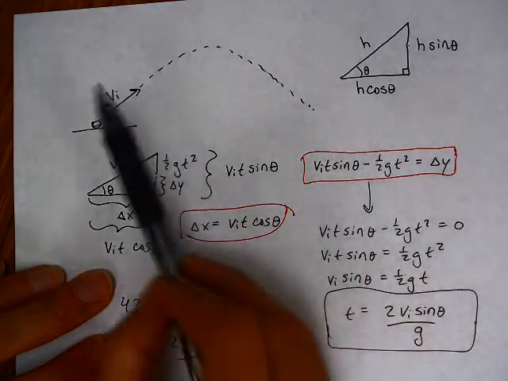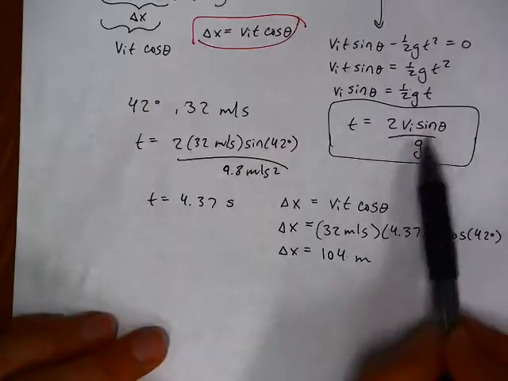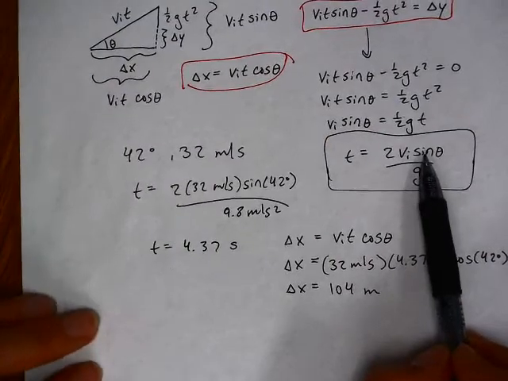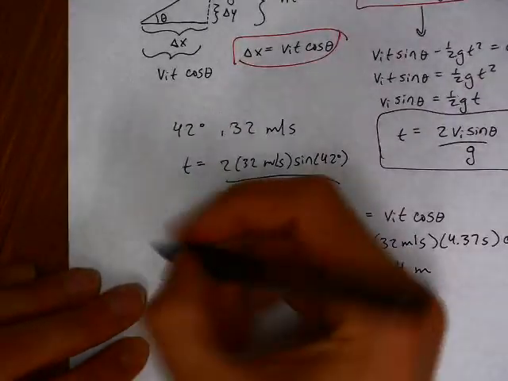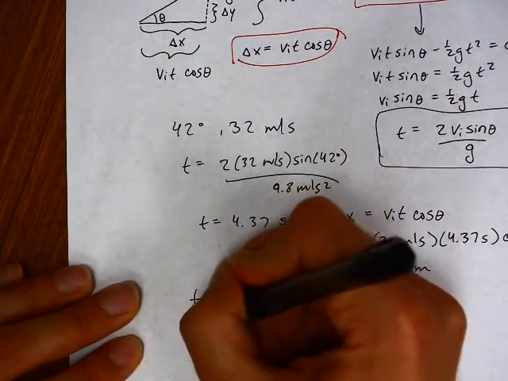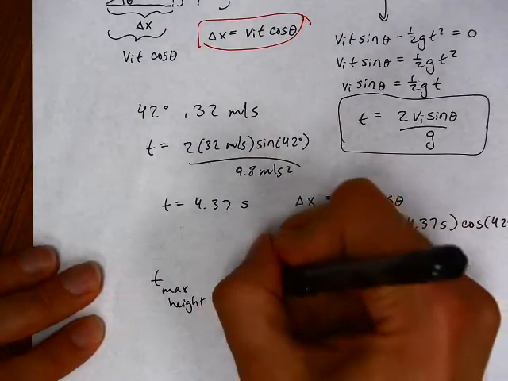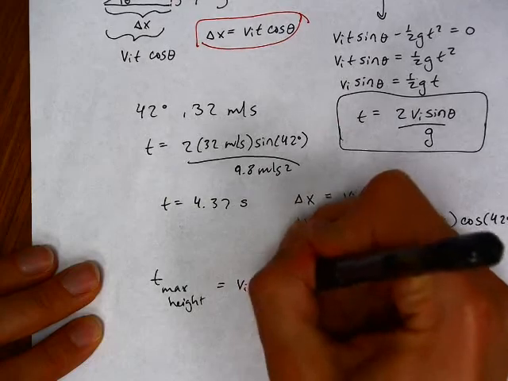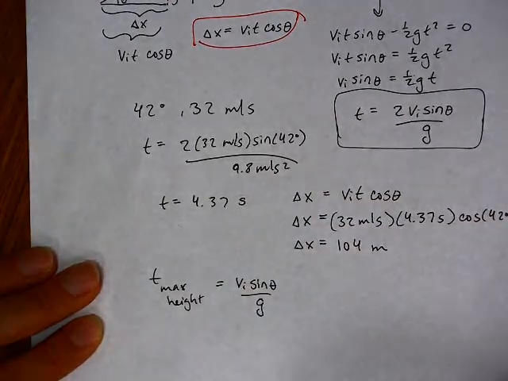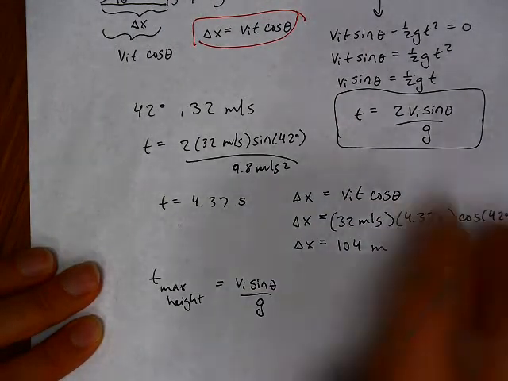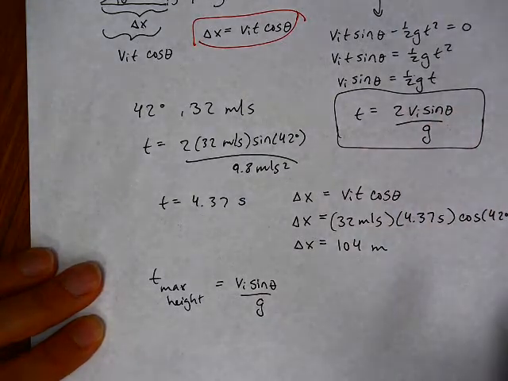Now that's pretty easy. It's half the total time. It's half of this time. So just get rid of that 2. The time to the max height equals VI sine theta over g. This equation divided by 2.